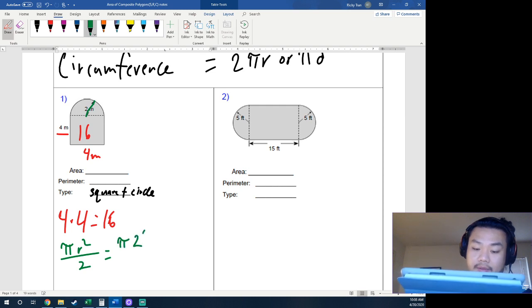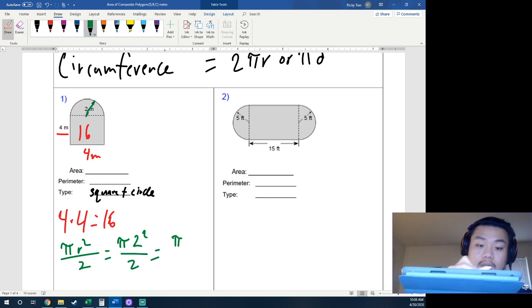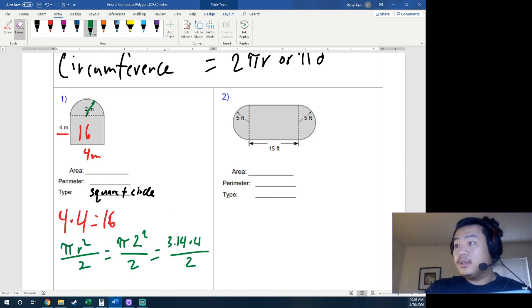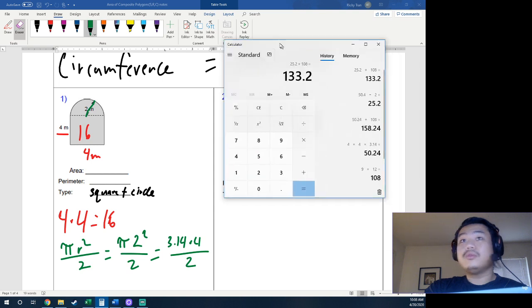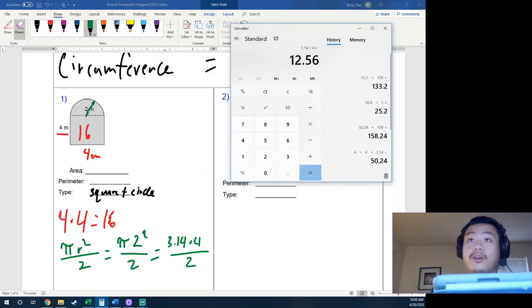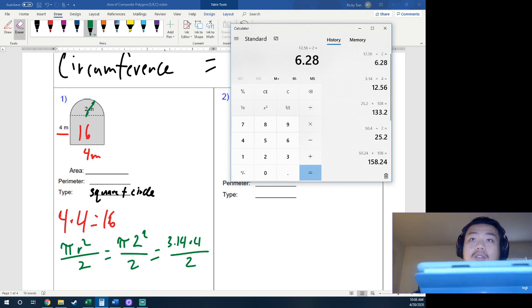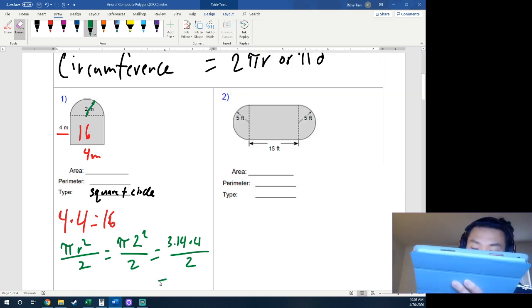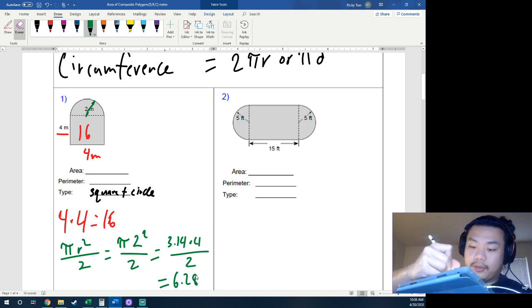Pi times 2 squared divided by 2. For pi, we're going to use 3.14. So 3.14 times 4 divided by 2 is 6.28.